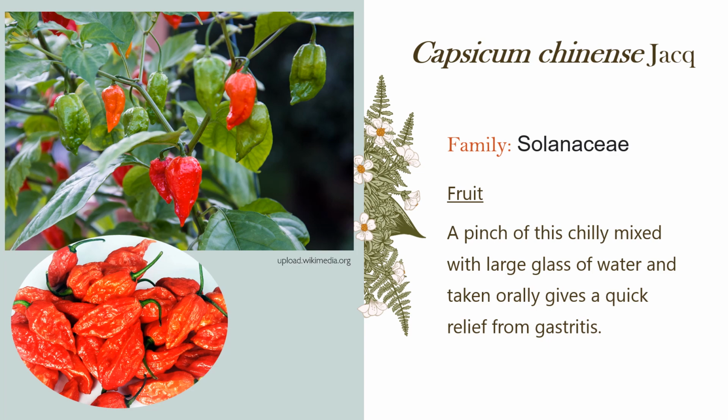So for gastritis, what we can do is take a pinch of this chili, mix it with a large glass of water, and take it orally. This will give you quick relief from gastritis. So I think this is one of the best medicines that can be used in gastritis. So that's all for today.